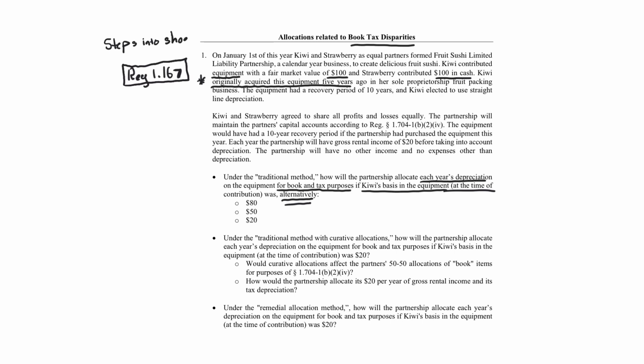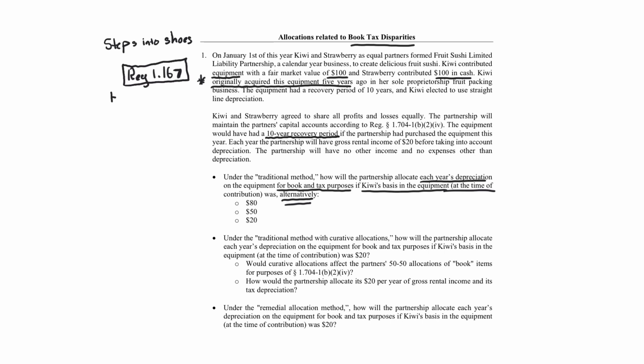So we're told that if the equipment was purchased this year, it'd have a 10-year recovery period, straight line. However, it was purchased 5 years ago, so the partnership's going to step into the shoes of the partner. That means when the partnership gets this property, it only is going to take on 10 years.